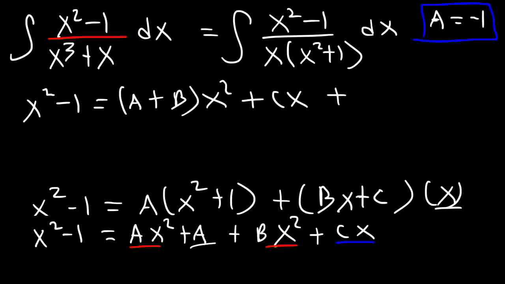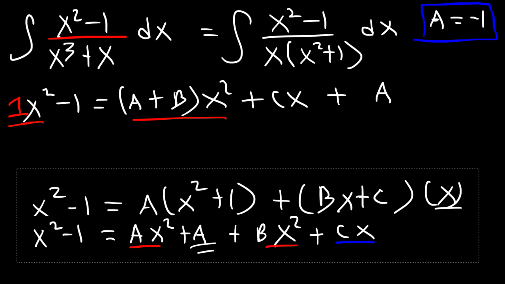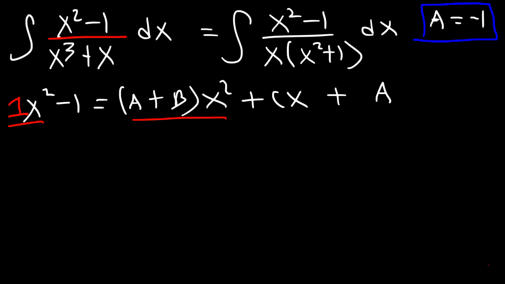And then we're left with the constants. So we could set one x squared equal to a plus b times x squared. Because they both carry the same variable, x squared, that means that 1 has to equal a plus b.